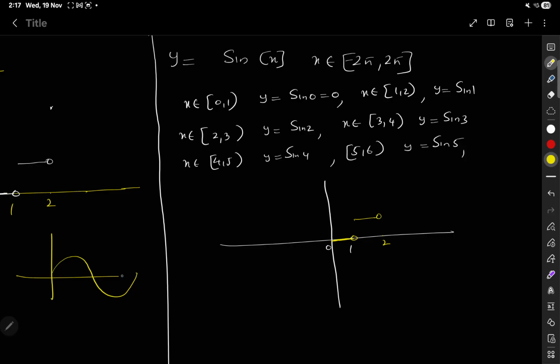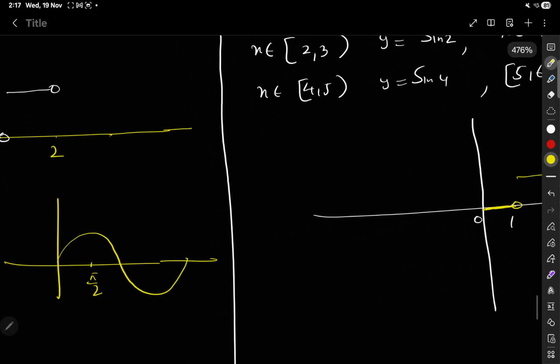I am drawing here. You can see that this is pi by 2, which is 90, and here you have 1, and here you have 2, which is closer to 90 degree. 1 means 57 degree 14 minutes approximately. 2 is 114 degree and 28 minutes.